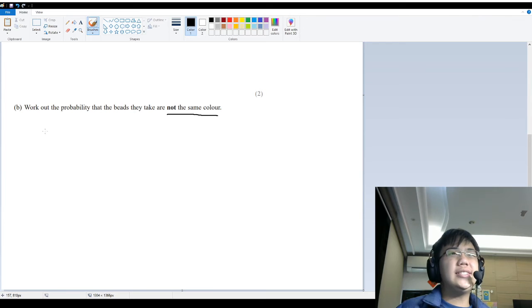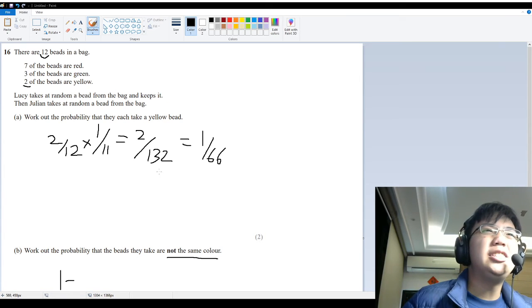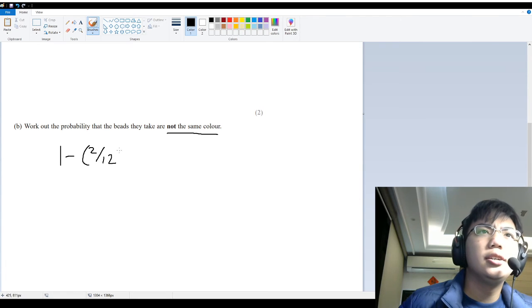For part B, to work out the probability that the beads are not the same color, we work out the probability that the beads are the same color and take that away from 1. So 1 minus, the probability of both beads being yellow is as above, 2 over 12 times 1 over 11.